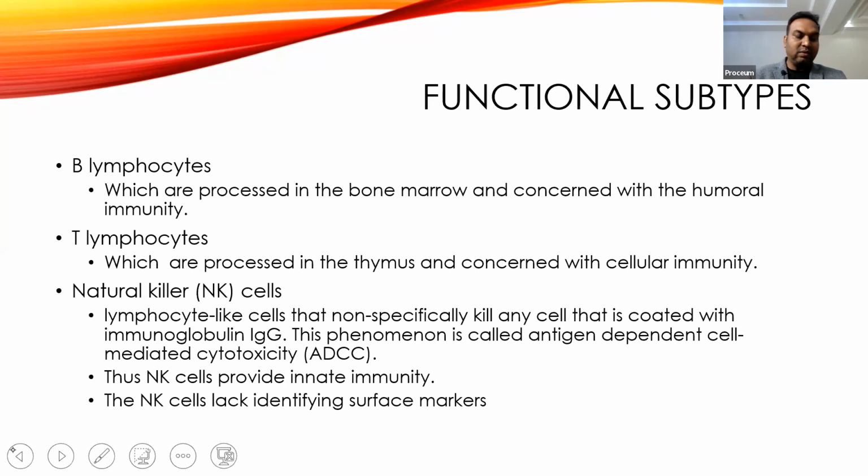Okay, now come to what is meant by B lymphocytes and T lymphocytes. Lymphocytes usually form in the bone marrow, and once they form, they get training and mature, and they learn at two different sites. B lymphocytes get matured and trained in the bone marrow.